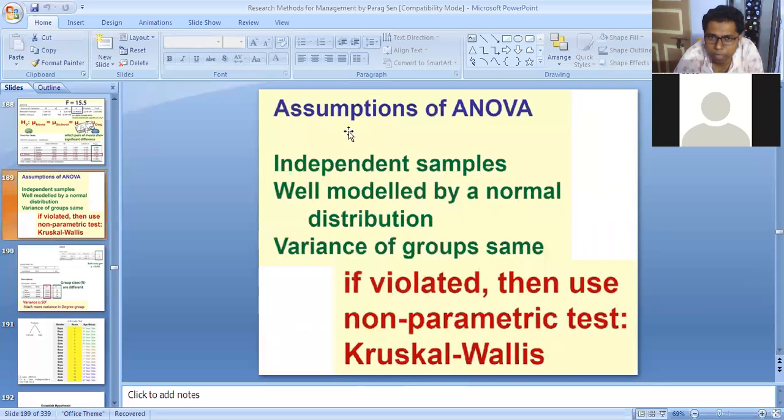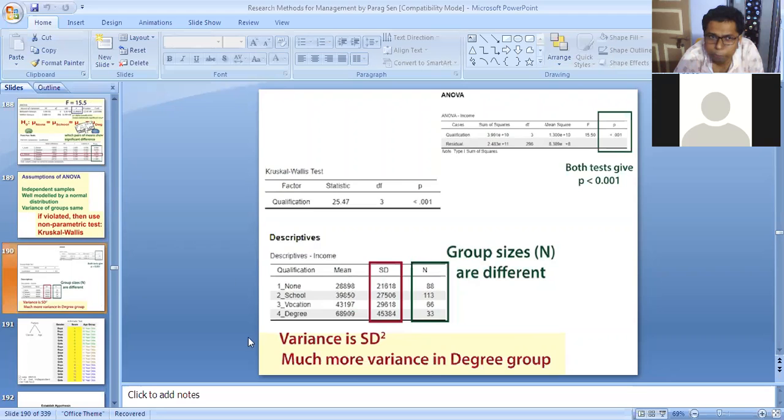The assumptions of ANOVA are that the samples must be independent of each other, well modeled by a normal distribution, and the variance of groups should be the same or close. For example, the mean, standard deviation and sample size are given, and you can see that in the case of the degree group, the standard deviation is very high compared to the other three levels.